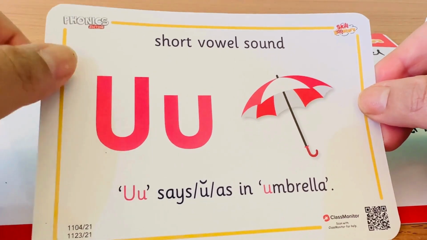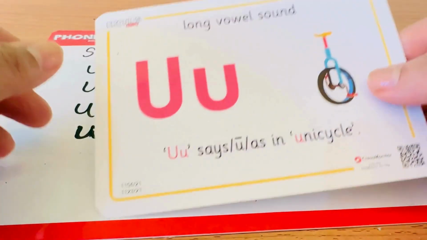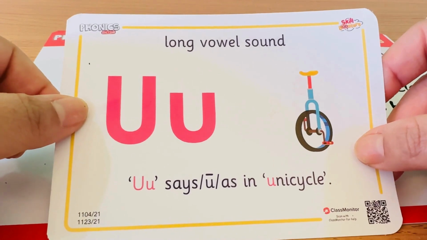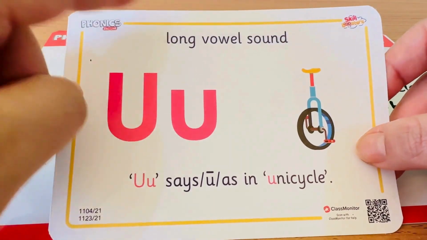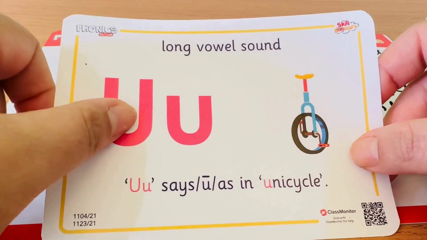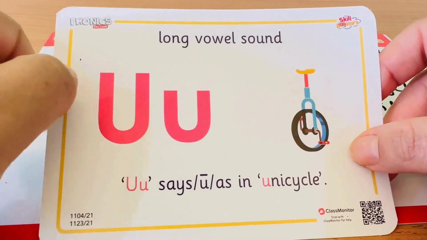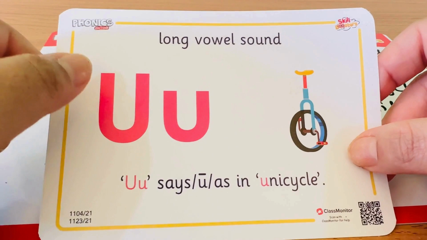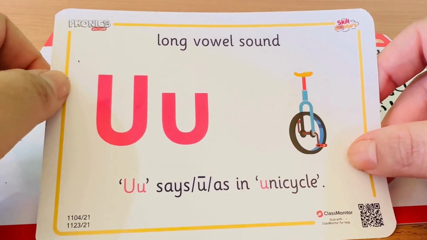And the long vowel sound of letter U is U. As always, the long vowel sound will be the original sound of the letter. U says U, as in unicycle in the long vowel sound.